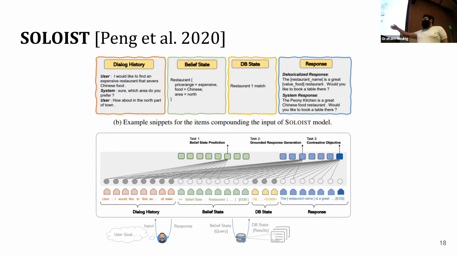And then, as I mentioned, once you have the belief state, you can deterministically get the database state. Then, given the concatenation of the dialogue history, the belief state, and the database state, you can autoregressively generate a response. So this takes the idea of structured fusion networks, and rather than having a complicated architecture with LSTMs, you just use GPT-2 to sequentially generate everything.